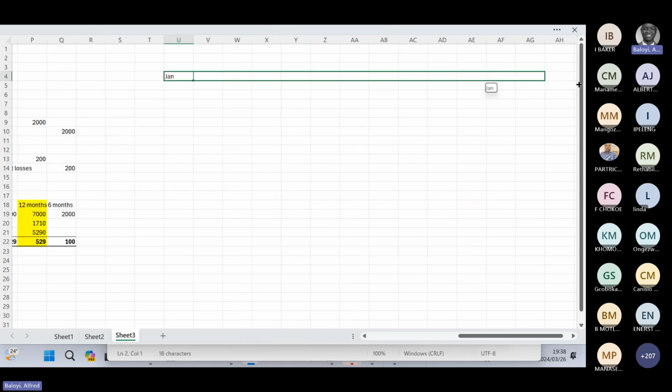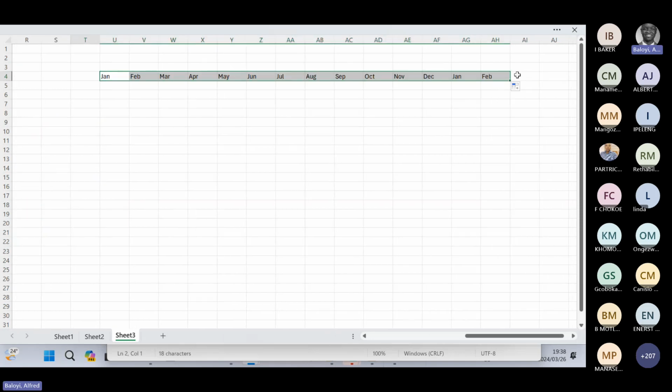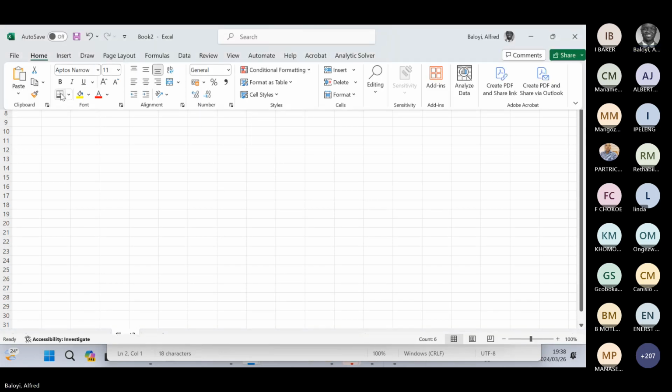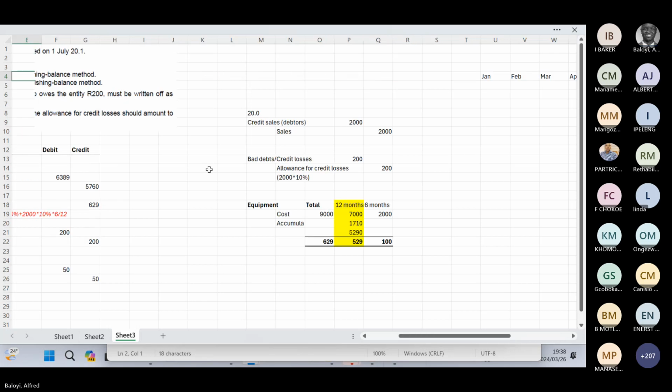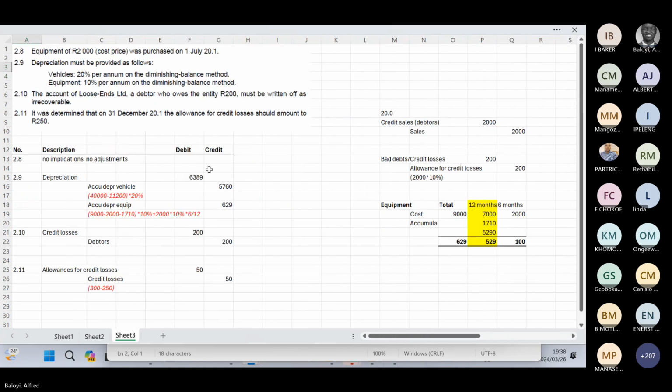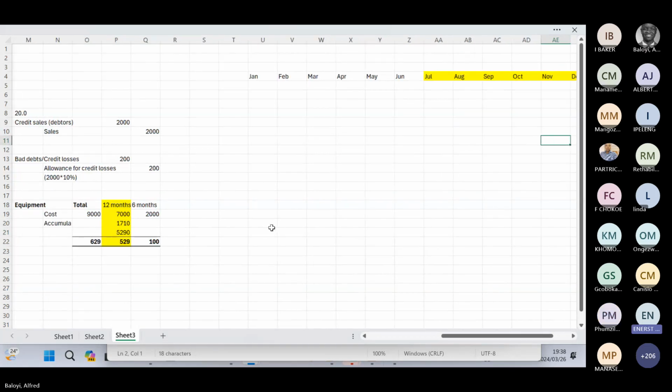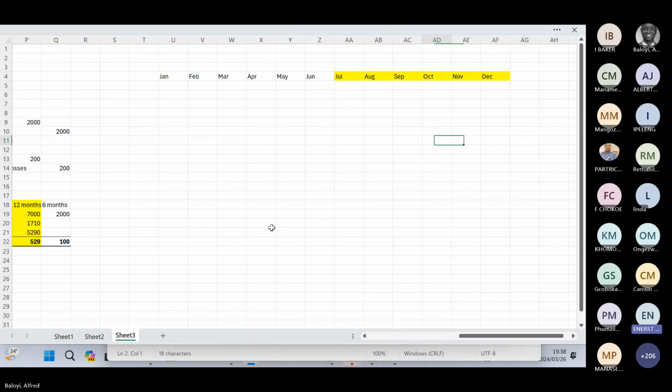Just make sure that you use the number line. Be careful, because you may lose a lot of marks by not counting them. 1, 2, 3, 4, 5, 6. It's 6 months. Are you certain? Yes, thank you. I was counting from the beginning, so that was the problem. Okay, thank you very much.